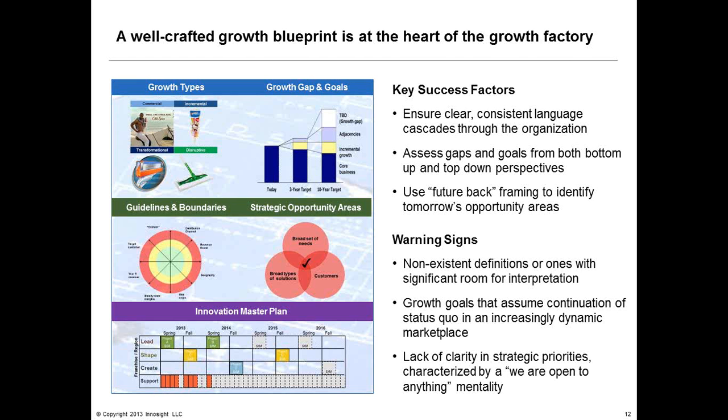Some of the warning signs we see when we're doing a kind of diagnostic around how well set up an organization is to drive sustainable growth for innovation include either not having definitions of their types or ones with significant room for interpretation. It's somewhat surprising, but it's something that's very common.